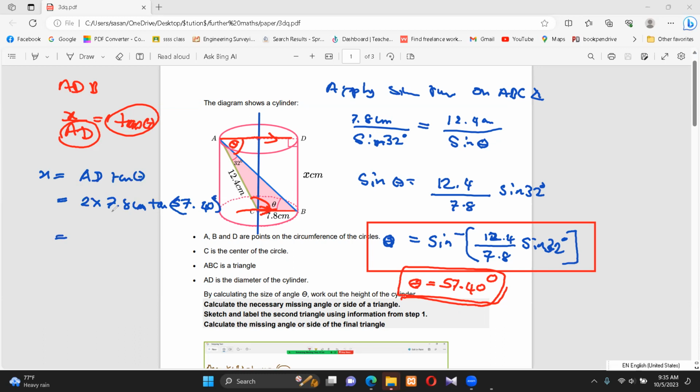Even you can store that in your calculator in order to use the exact value. You can get a better value for little x. Actually, it doesn't matter. It's up to the significance level you have expected, right?